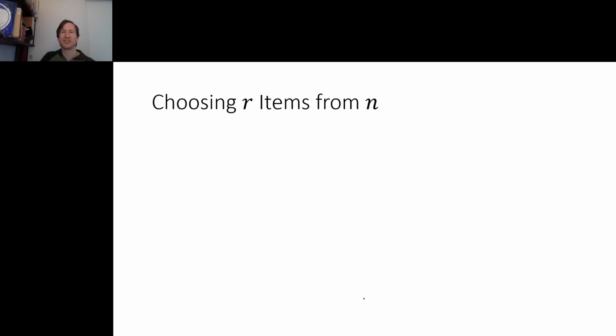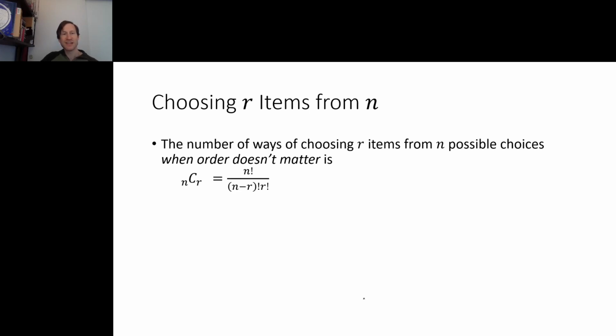So let's see how this works out in general. If you choose R items from N items, and order doesn't matter, the same argument that we used on the last slide, where we got 52 factorial over 52 minus 5 factorial times 5 factorial, but using N and R instead of 52 and 5, still works, and it gives you this formula: N factorial over N minus R factorial times R factorial.